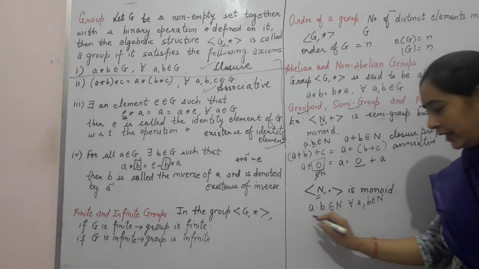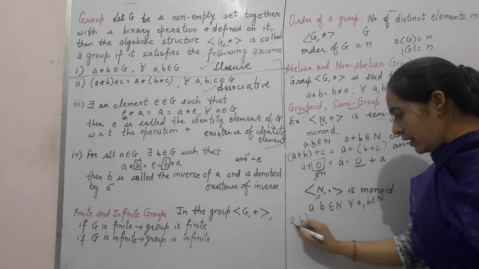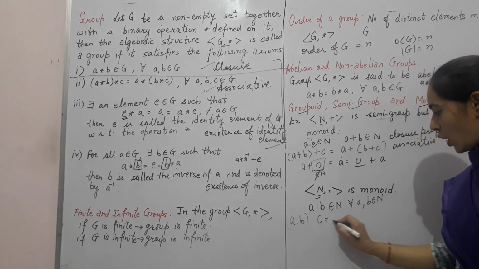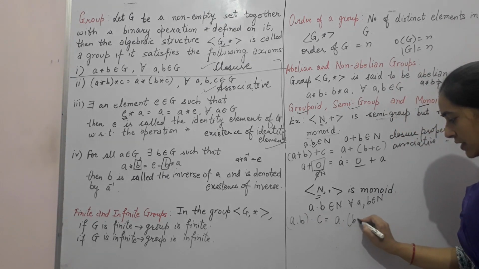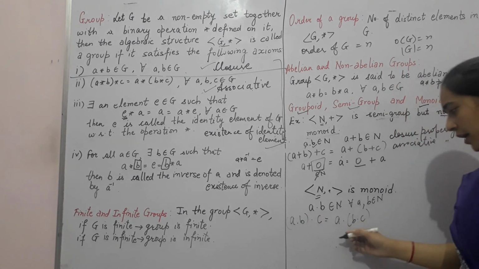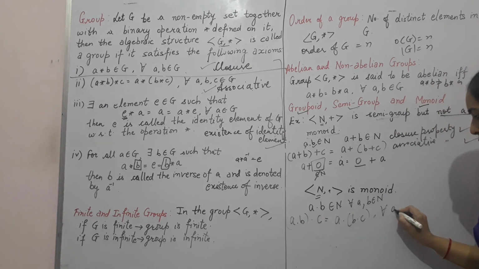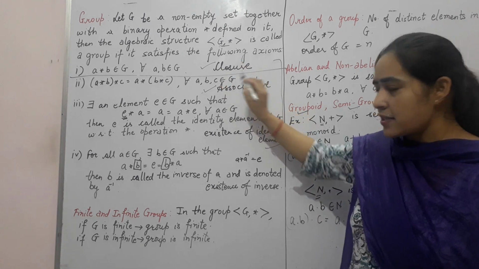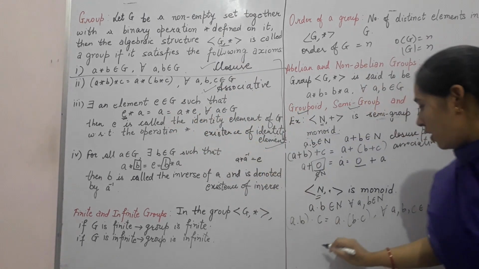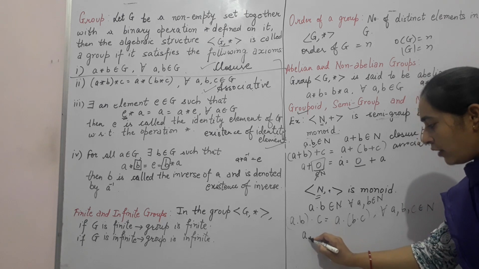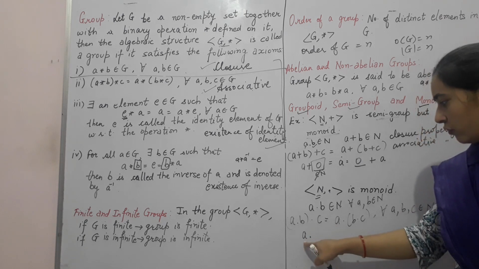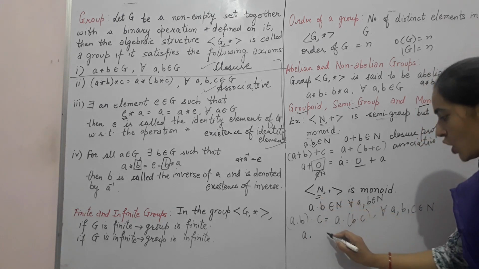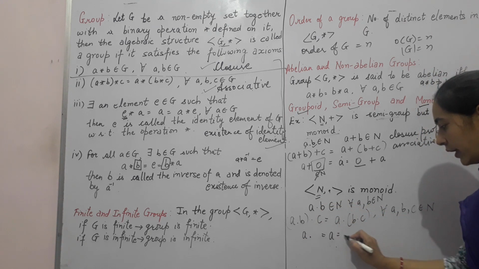And similarly, if we multiply A and B and then multiply C, or we multiply B and C firstly and then multiply A with it, then the answer will be the same for all natural numbers A, B and C. Right? So these two properties are satisfied. Now come to the third. What should be multiplied with element A, where A is a natural number, so that the answer will be A.